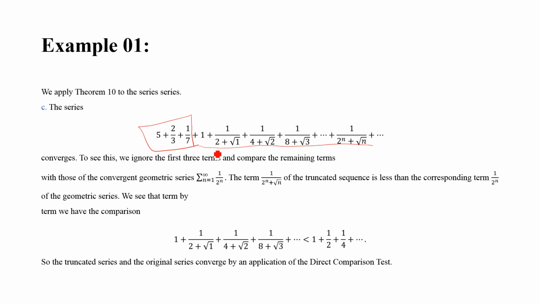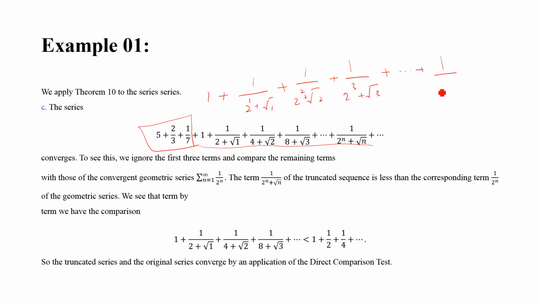So if we have this series, now you can see that what is this: 1 plus 1 over 2 plus square root of 1, and here is 1, right? So plus 1 over 2 square plus square root of 2. So 1 over 2 cube plus square root of 3. So you can see that plus so on.